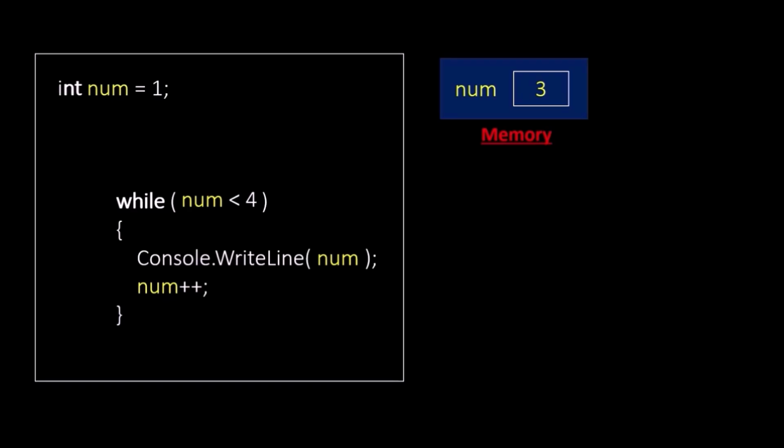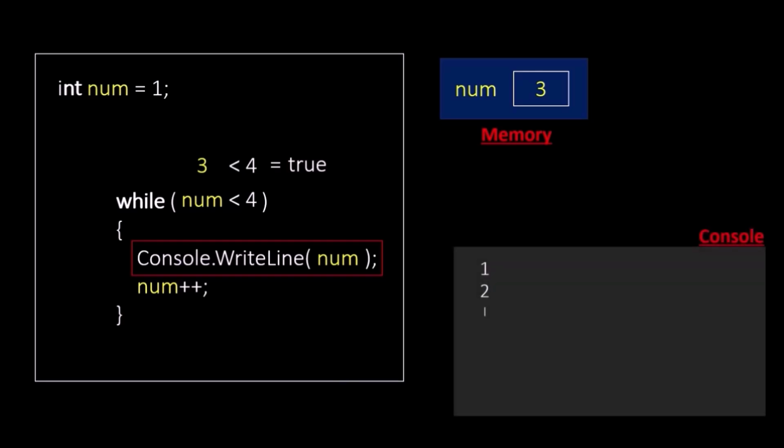Now the while loop will check the condition num is less than 4 again, but the value of the variable num has already become 3. So the condition becomes 3 is less than 4, and the expression 3 is less than 4 is true. When the condition is true, the program enters the while loop and executes the statements inside it.